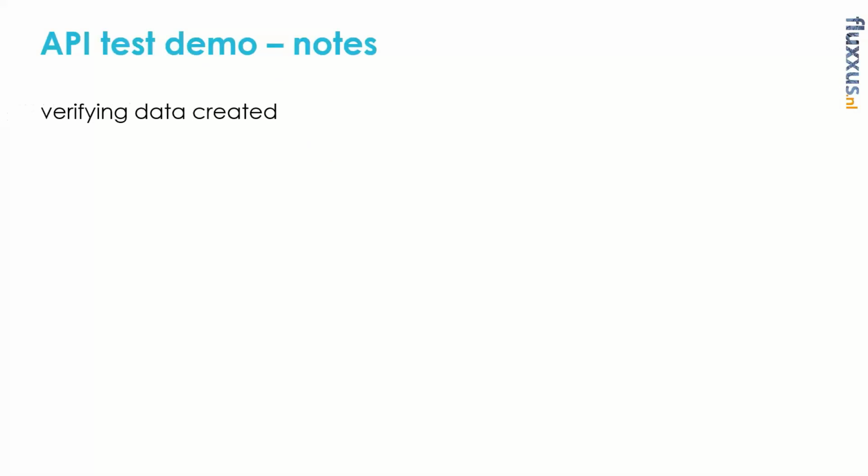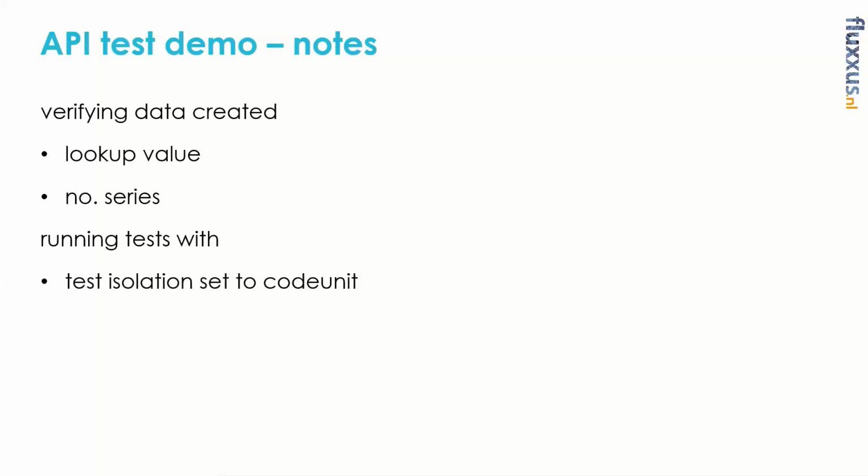A couple of notes. You can check, of course, outside of the isolation that lookup values are created. You saw me that I did need to remove some, and there's a number series from a standard library created that I needed to remove to get things working right without the isolation. So I can see data was added to the database. Running the tests needs to be done outside of isolation.